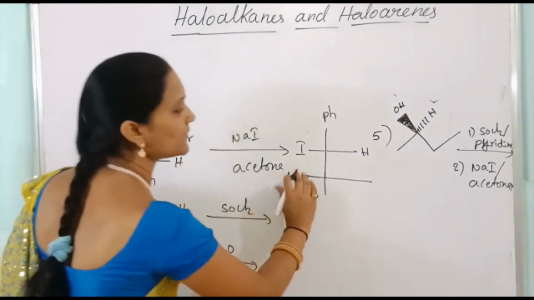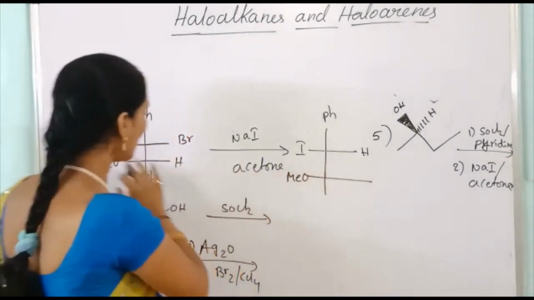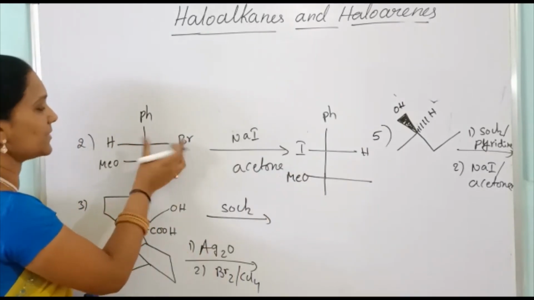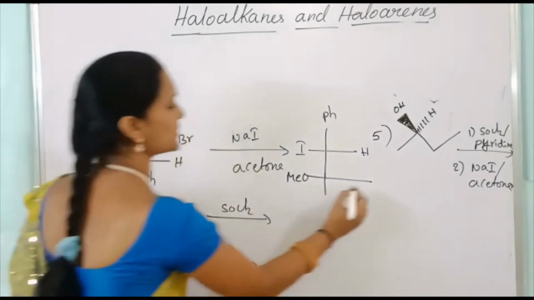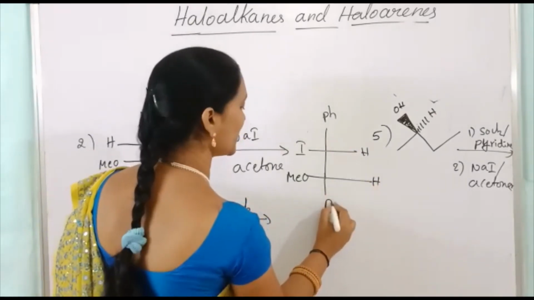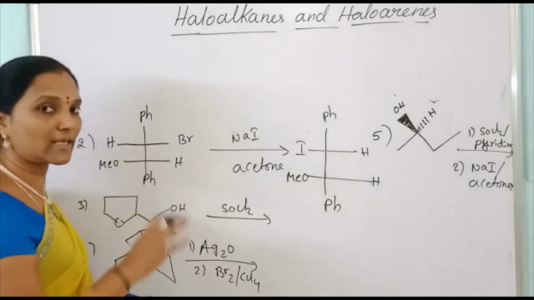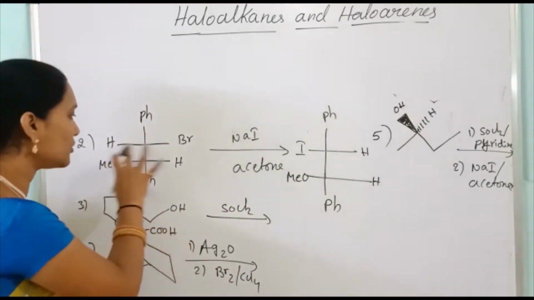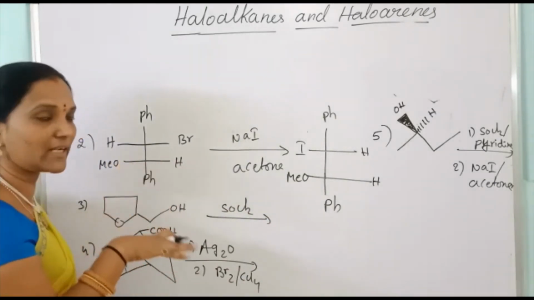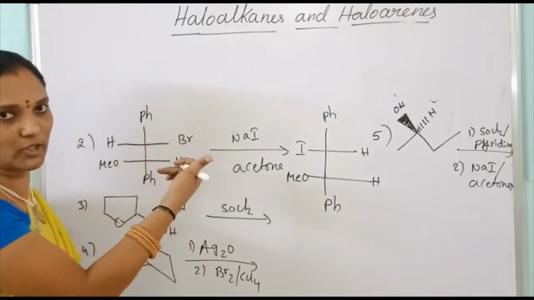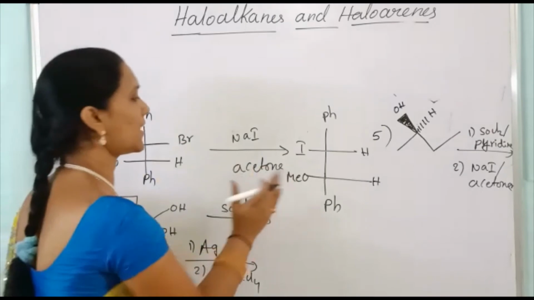They will give options with inversion on this side also, but it does not take place here, only at this part. Here the SN2 mechanism inversion takes place, and the remaining part stays as it is. This is the answer. Even if more than one chiral carbon is given, don't change anything in the remaining part. Where the SN2 mechanism takes place, only there is inversion. Okay. So this is the answer.